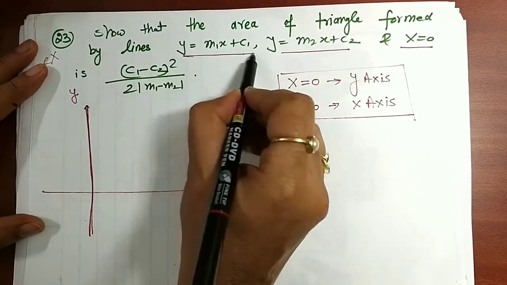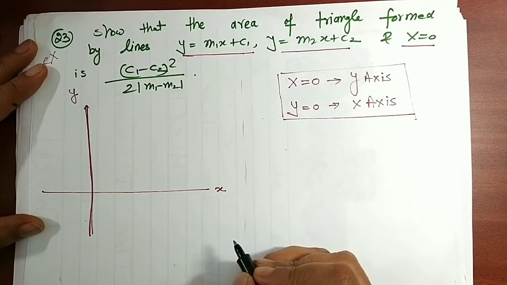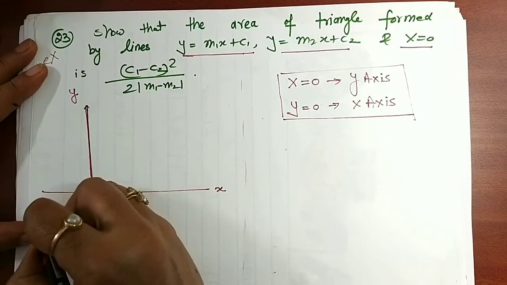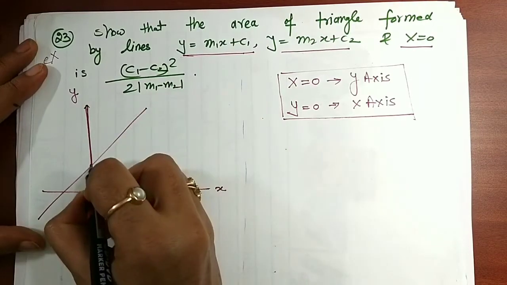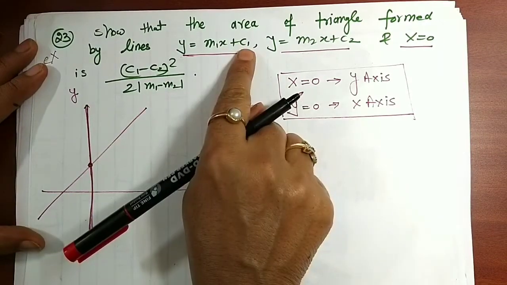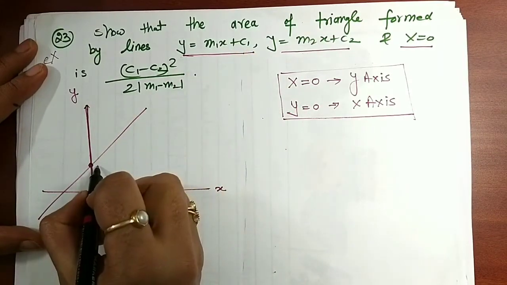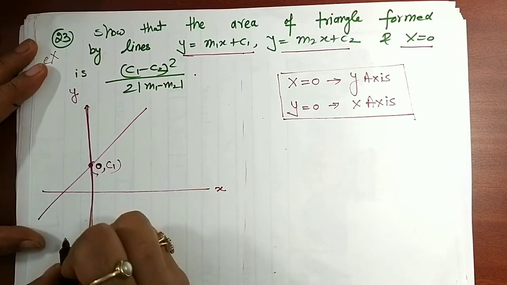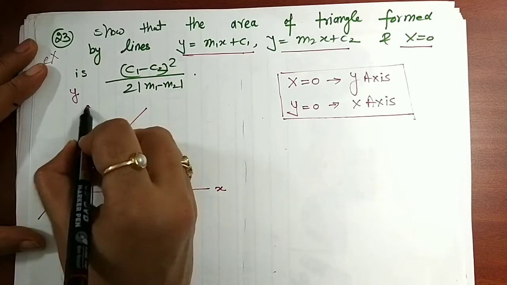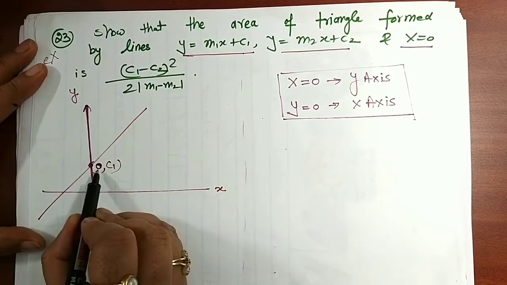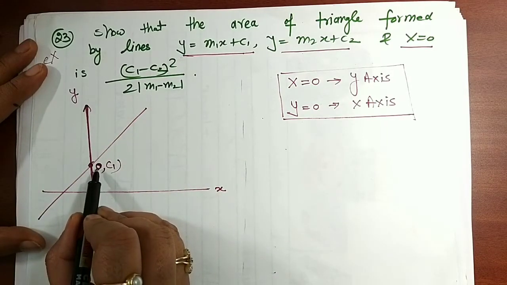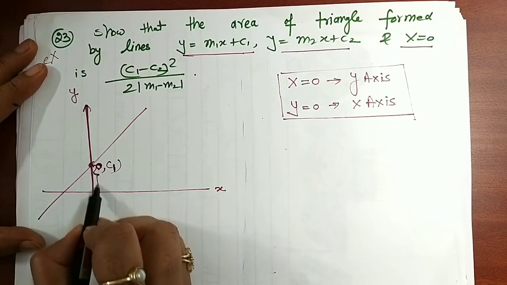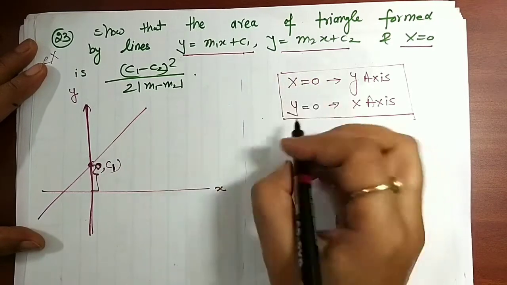The second line is y is equal to m1 x plus c1, which means there is some line whose y-intercept is c1, so it is cutting somewhere at (0, c1). On the y-axis, the x part of any point is 0, and c1 is the y-intercept.